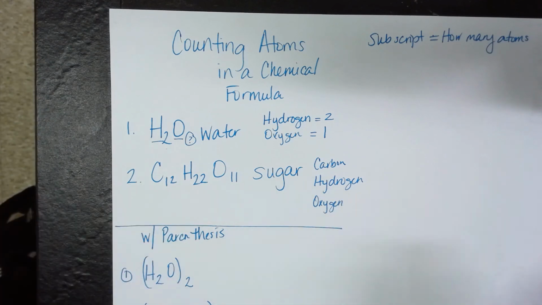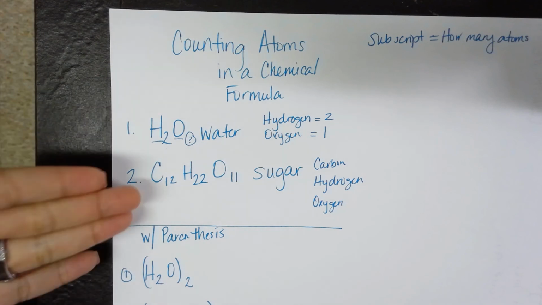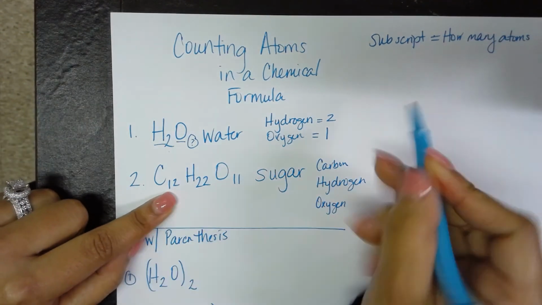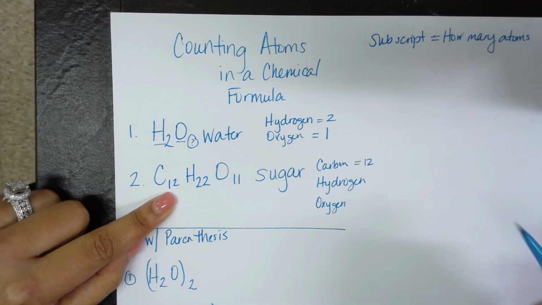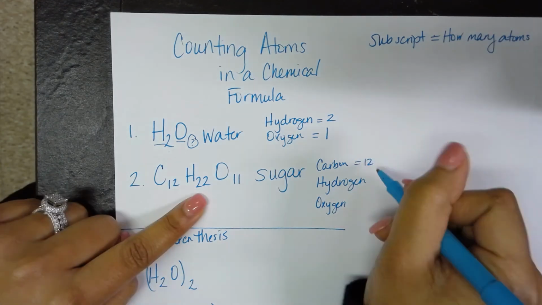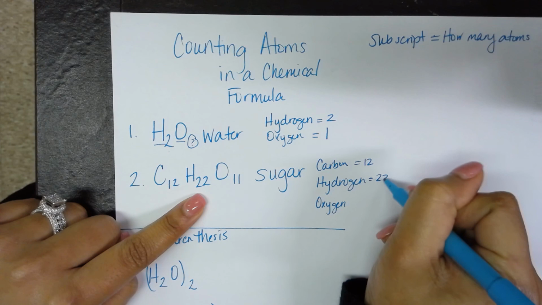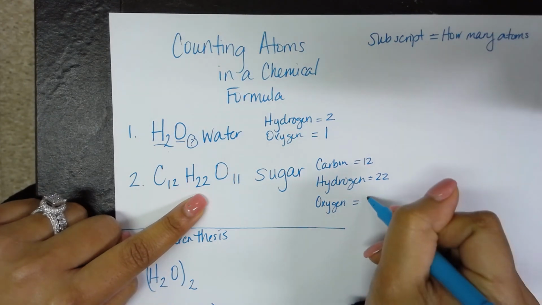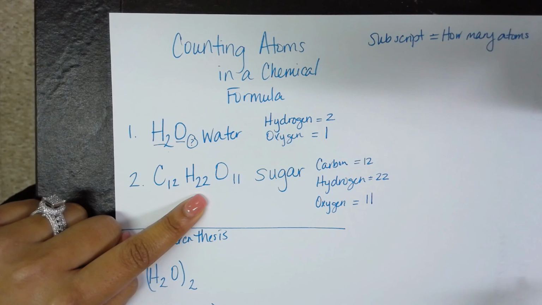So how much do we use if we wanted to make one molecule of sugar? We need the subscript, which says 12 carbons. We need 22 hydrogens, and we also need 11 oxygen atoms.